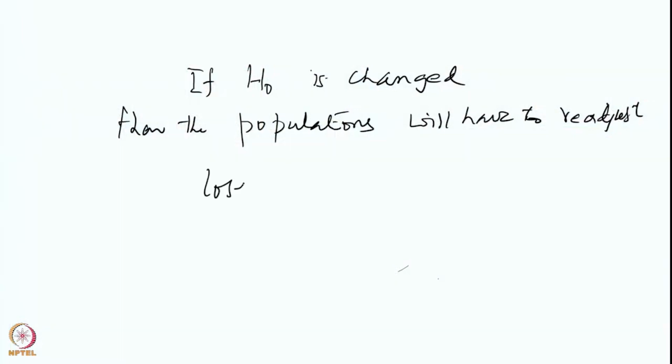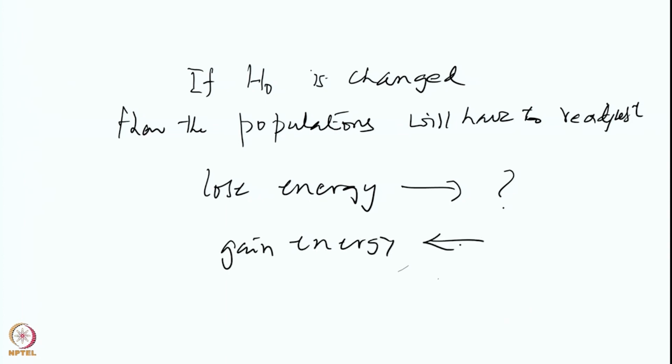So this means losing energy, and where does it go? If a spin has to gain energy, where does it come from? So this is the question: what is the source? Therefore, here there is a concept called the lattice, which is everything other than your actual spin system.